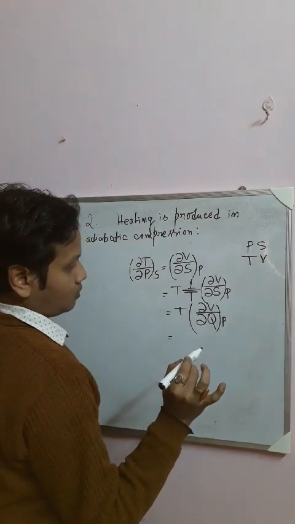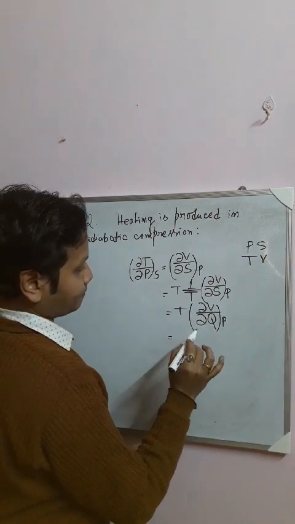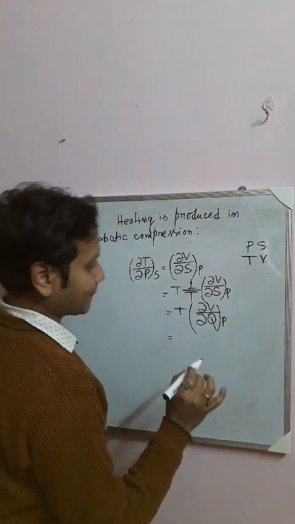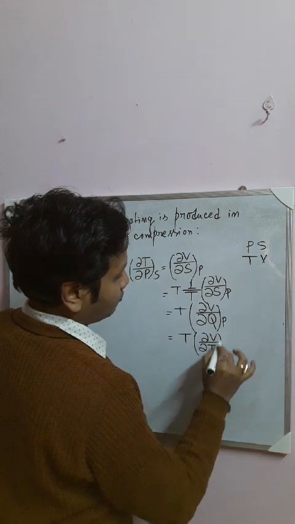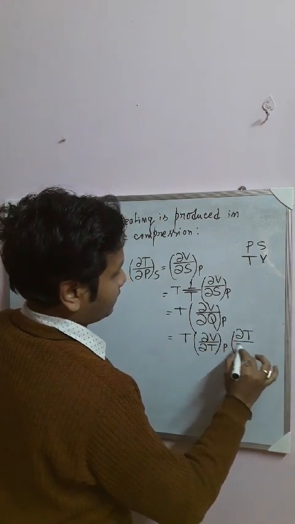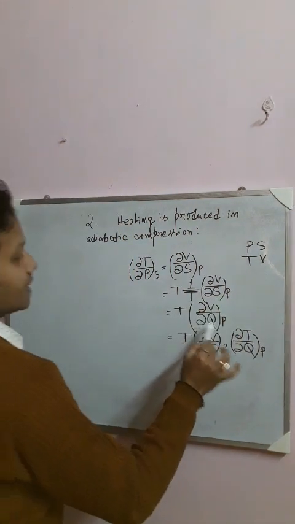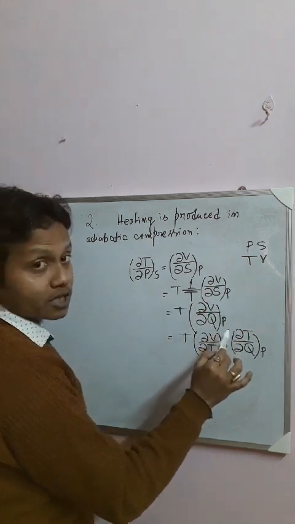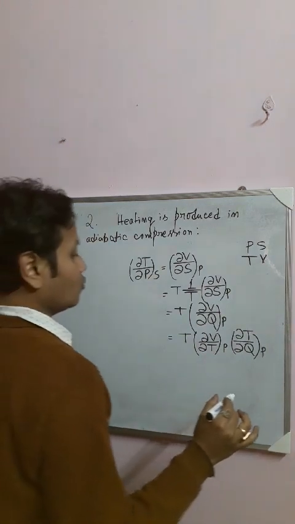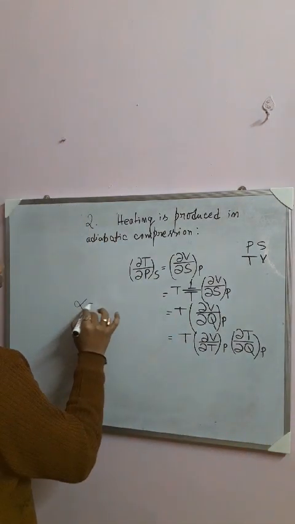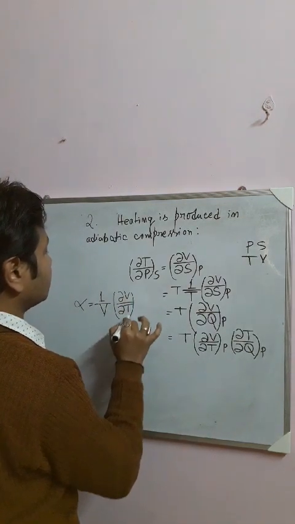So this we can write as T into del V del T, pressure constant, into del T del Q, pressure constant. We write this T del S as del Q, so T into del V by del Q pressure constant, and del V del Q means del V del T times del T del Q. Now as I told earlier that alpha is the coefficient of volume expansion, that is increase in volume per unit rise in temperature.